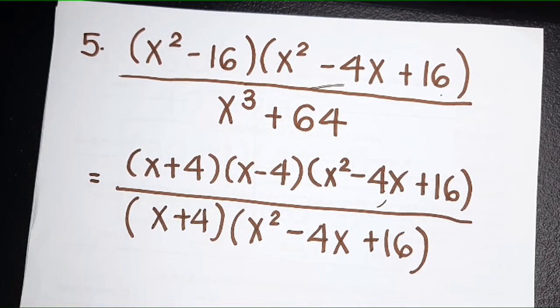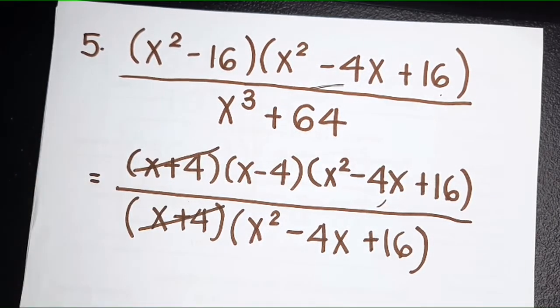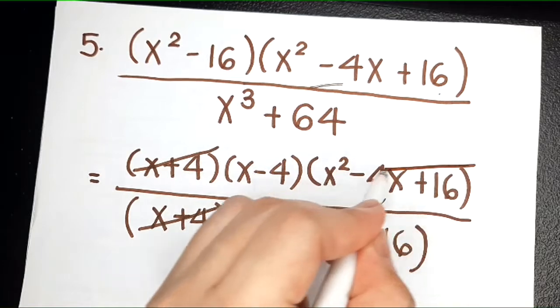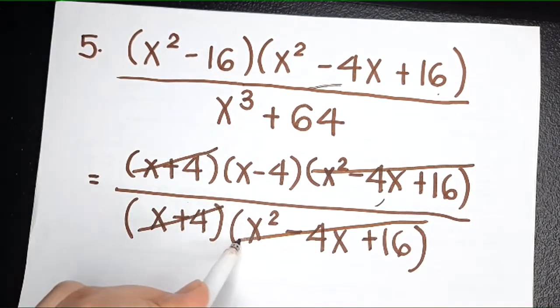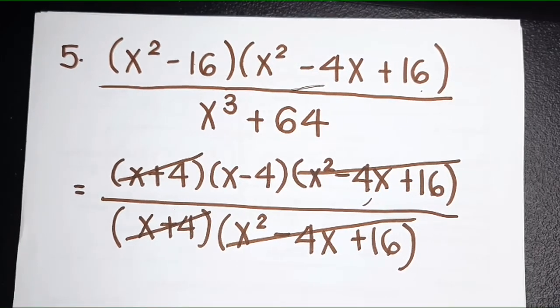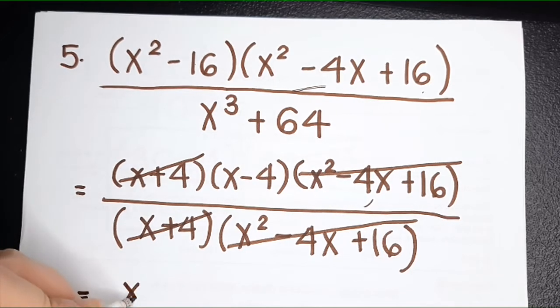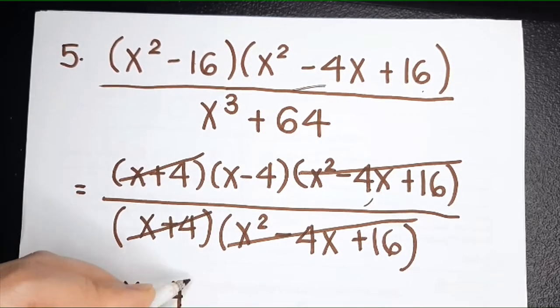And clearly, you can cancel x plus 4 and x squared minus 4x plus 16. You see, kahit hindi ma-factor, possible pa rin may ma-cancel out. Okay? So, what is the final answer here? It is simply x minus 4.